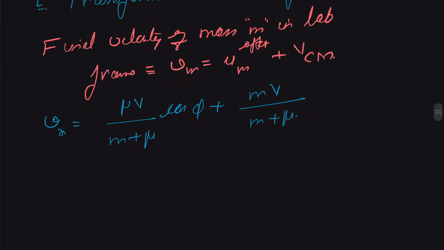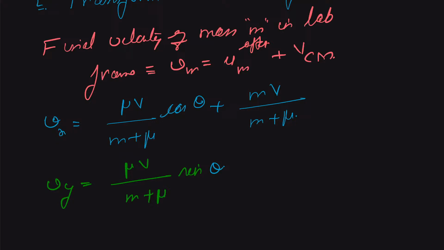And similarly we can write its y component, and that will be equal to m v upon m plus mu, sine, sorry, this is theta not phi, theta, and this is also theta.